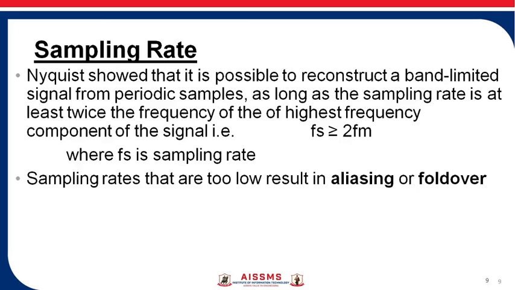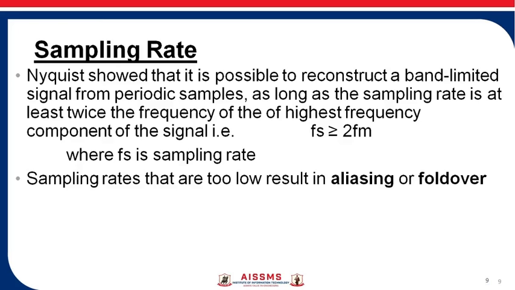So what is meant by the sampling rate? Nyquist showed that it is possible to reconstruct a band limited signal from periodic samples as long as the sampling rate is at least twice the frequency of the highest frequency component of the signal. So Fs, the sampling frequency, should be greater than or equal to twice the frequency of the modulating signal.